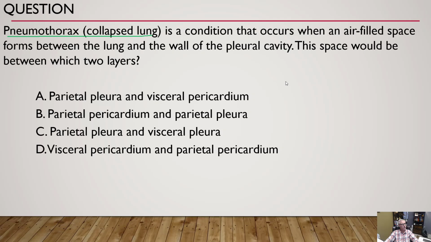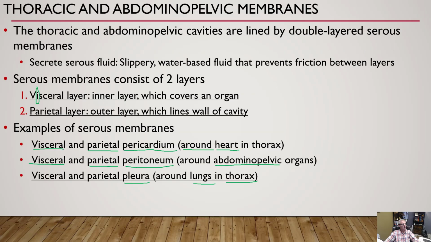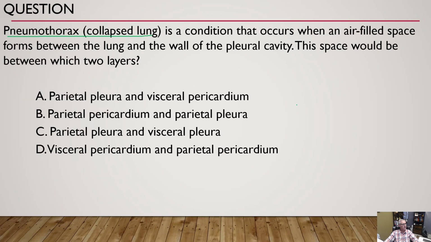So basically we're looking at some visceral and parietal something. And remember, with our lungs we're looking at that pleural cavity. So we're going to need something visceral and parietal pleura, hopefully.